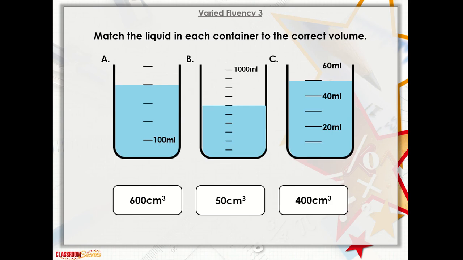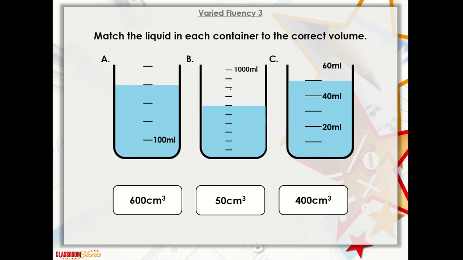We can also have volume in liquid. Now I've got 3 containers here, and I've got to match the correct volume to each container. Now I need to look at these scales very carefully. This is 100, and if it's 100 from the bottom up to there, and that's about the same, I can safely say that one's going to be 200, 300, 400 I'm thinking, and there is a 400 there, but let's just check.